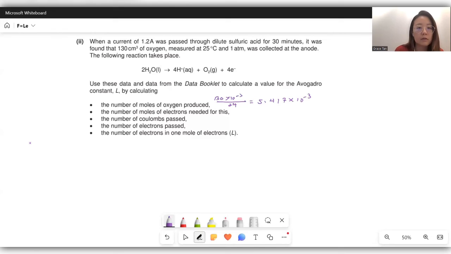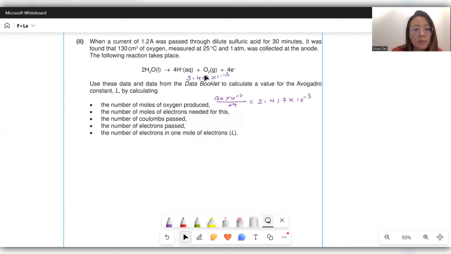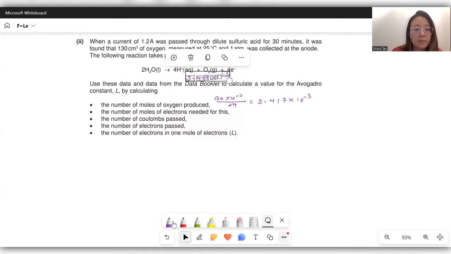So that's the moles of oxygen. I'm going to write 5.417 times 10 to the power -3 under the oxygen. This number is for the moles of oxygen.